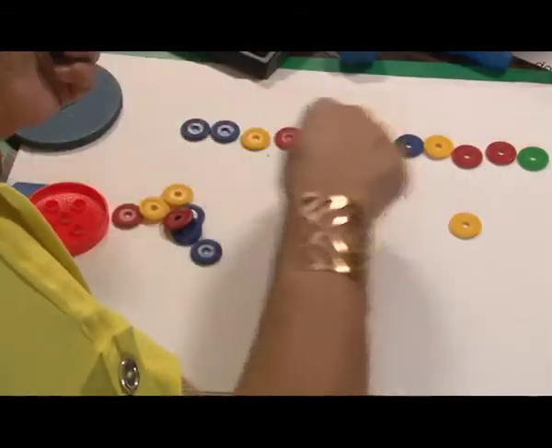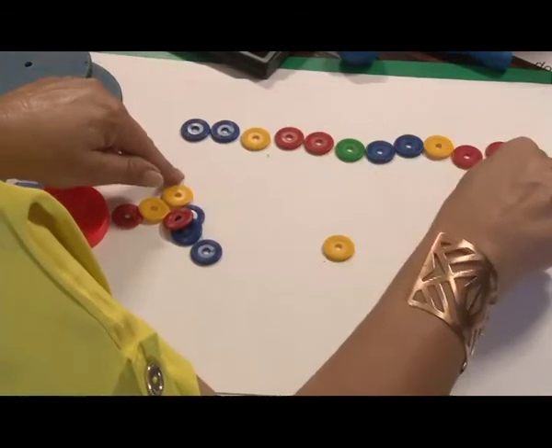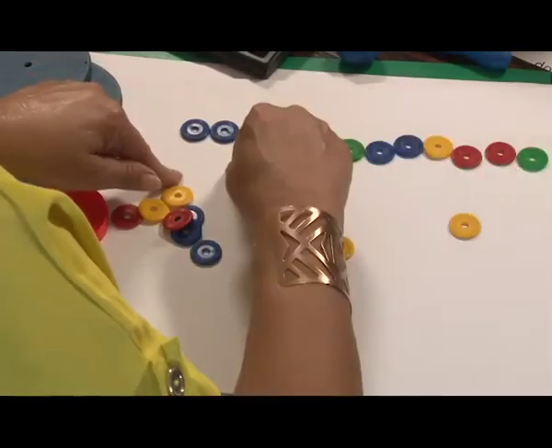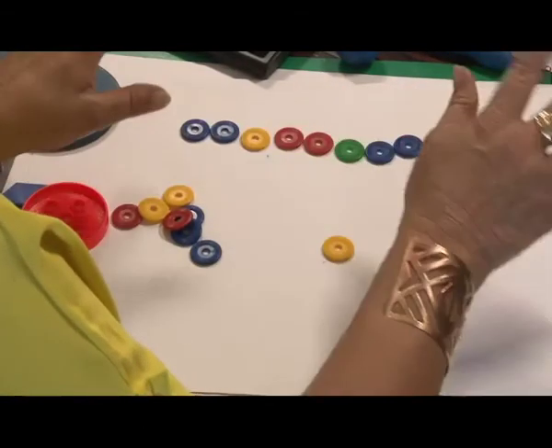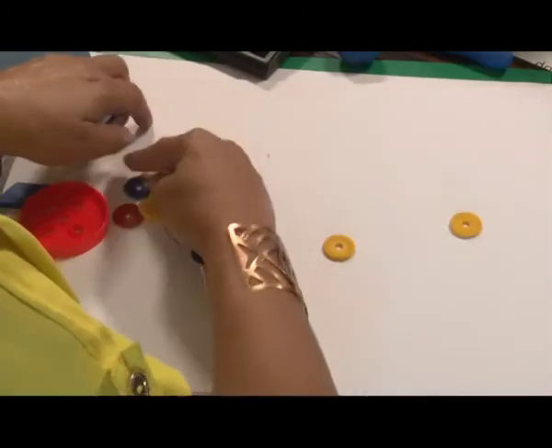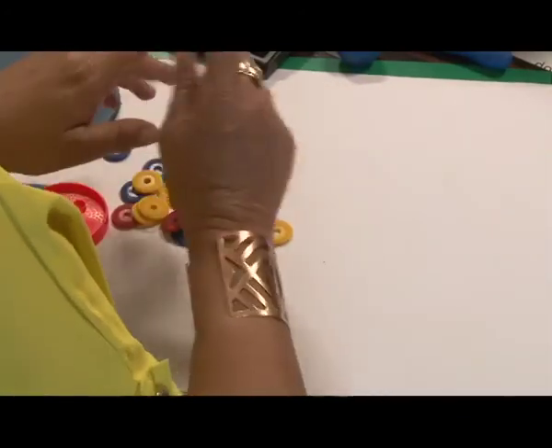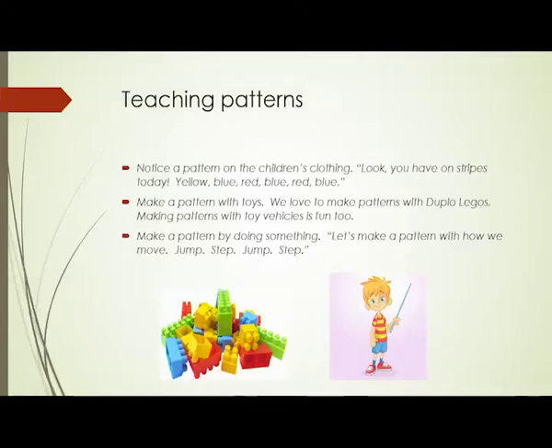Right? So these are patterns. So this is how I teach my child patterns practically, or with toys, or with whatever shapes, or with blocks. Even making a pattern by doing something. Let's make a pattern with how we move. So we jump, we step, we jump, we step. It's also how I teach patterns to my learner.